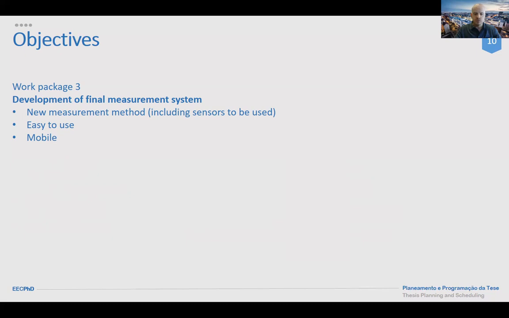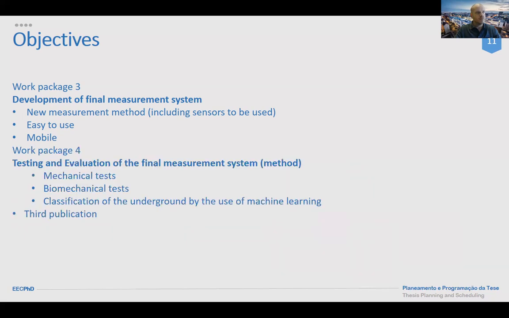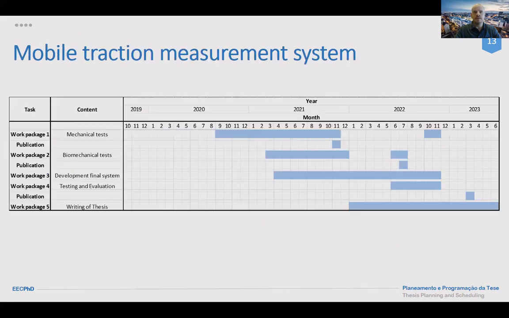The measurement system should be easy to use, and it should be a mobile system. Then we have work package 4, which is about the testing and the evaluation of the final measurement system. This work package will lead to the third publication, and work package 5 is about writing the thesis.